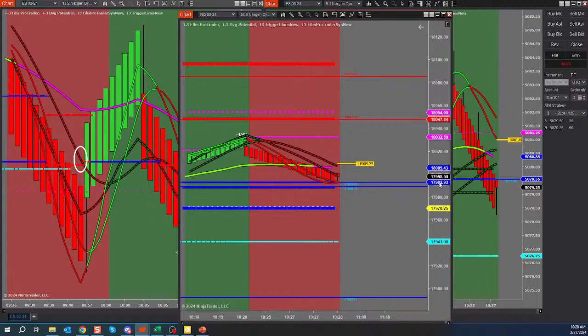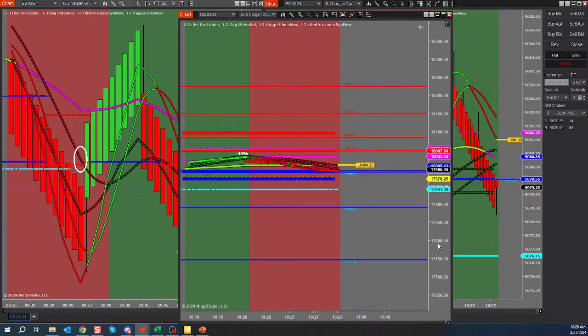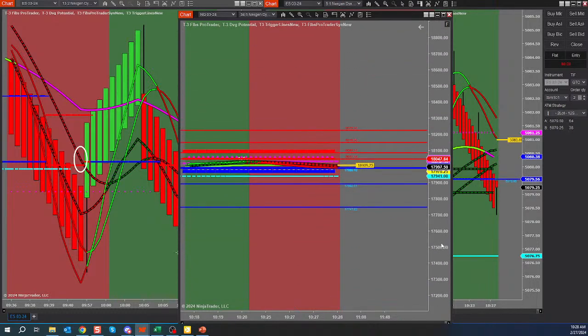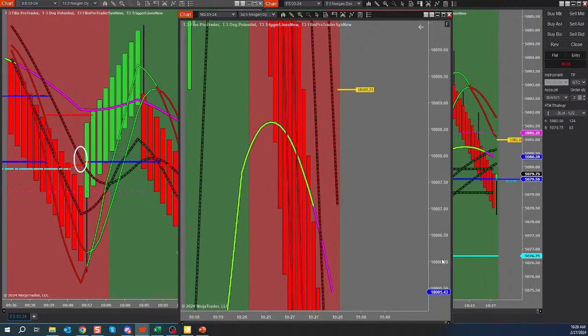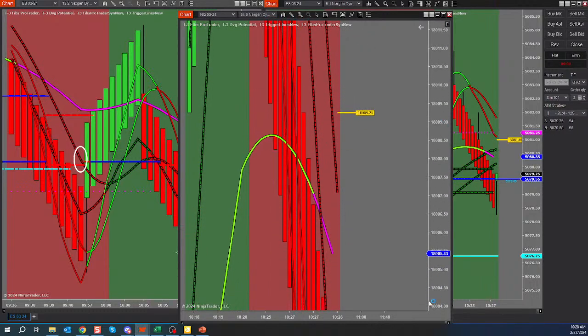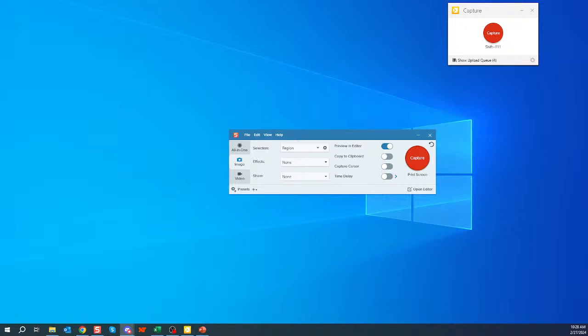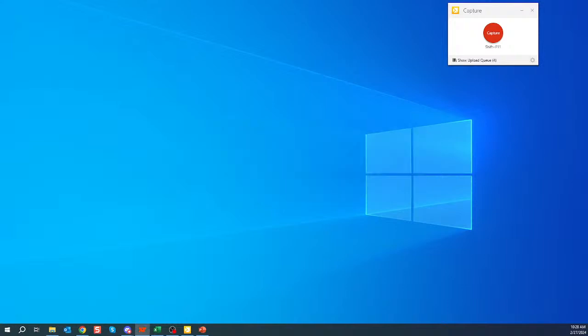And then somewhere there's probably a skinny one from the 5-1. Whoops. And I think I just killed my NinjaTrader by doing that with the chart. Hopefully. Yep, there we go. I killed it. Oops. So now I'm going to reload real quick.